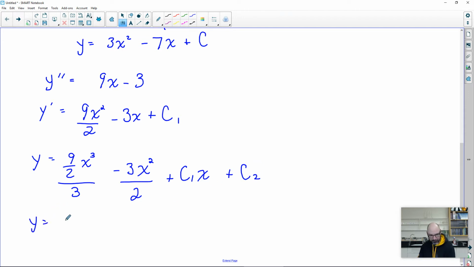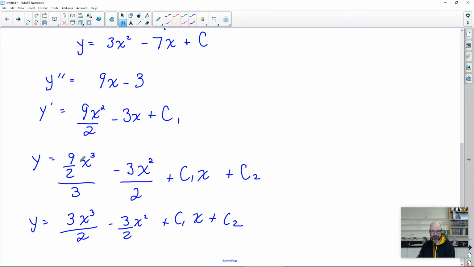Now we can simplify this. This would be 9 over 6, which is the same thing as 3 over 2. So 3x cubed over 2, minus 3x squared over 2, plus C1x plus C2.